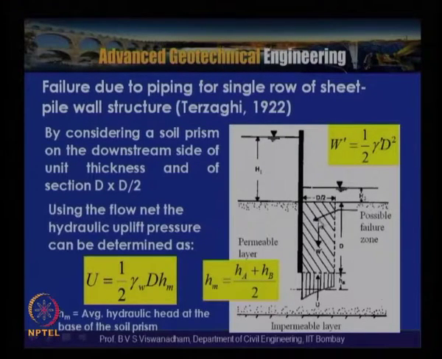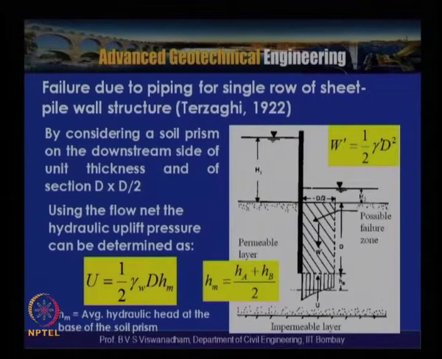So for designing these structures in water bodies, we always have to ensure the stability of the structures against piping or some other failures. So this situation for the sheet pile wall is a confined seepage problem, with failure due to piping for a single row of sheet pile wall structure, after Terzaghi 1922.